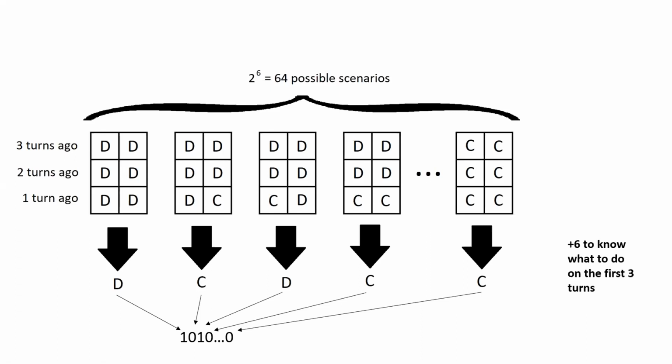Now, this is only 64. It doesn't tell us what to do on the first 3 moves, because on the first 3 moves there were no 3 turns ago. So you need 6 additional ones and zeros to tell you what to do on the first 3 turns.